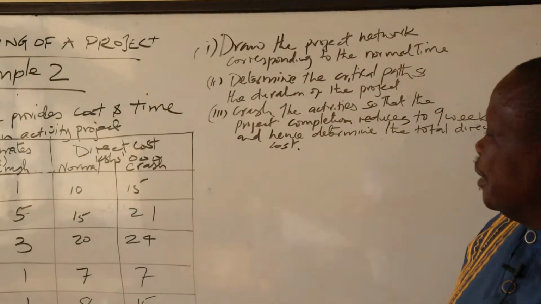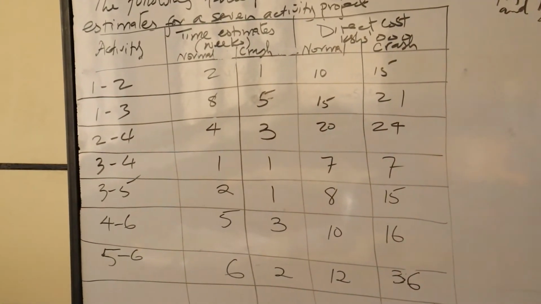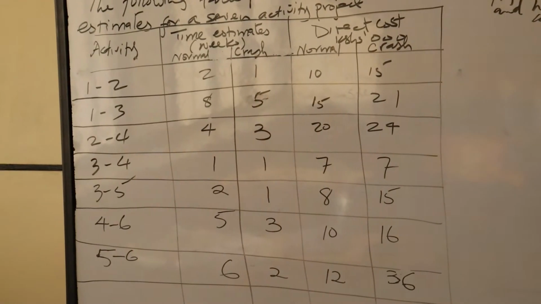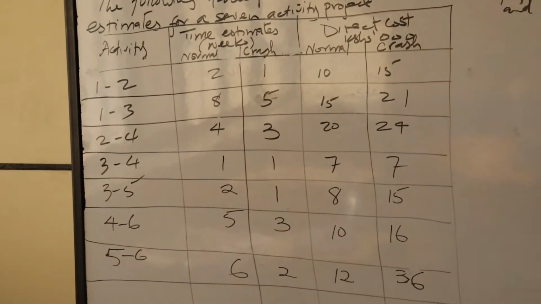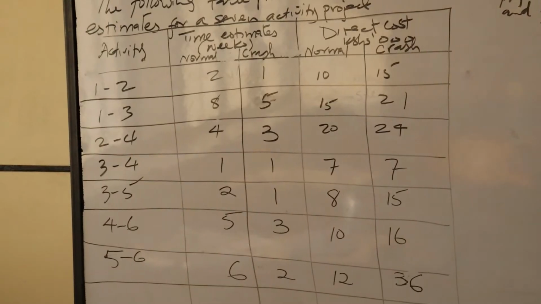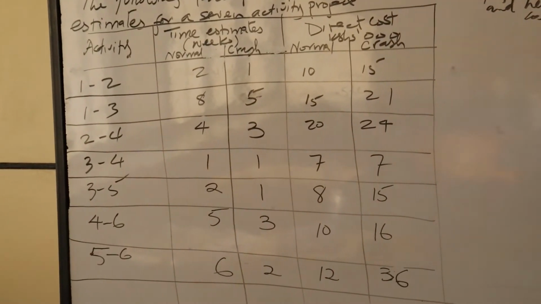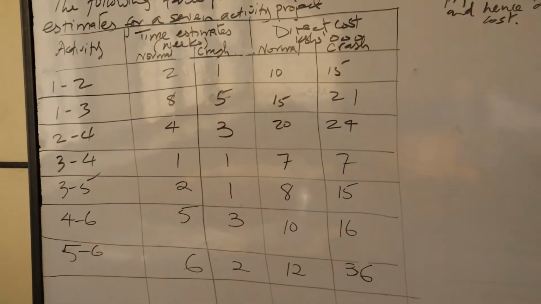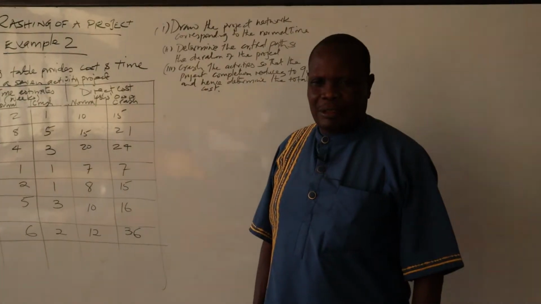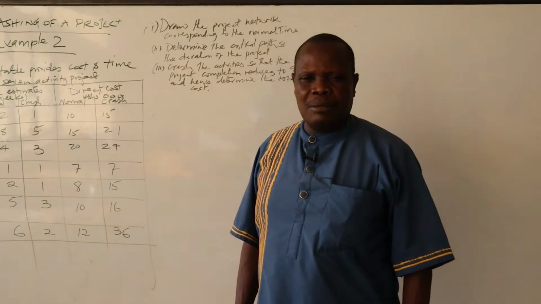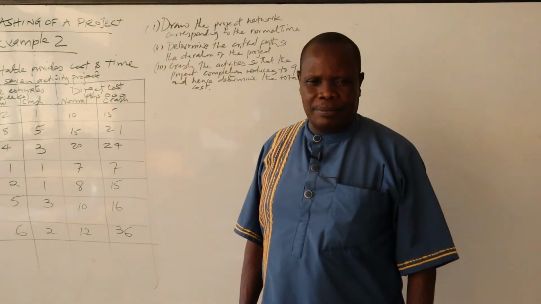This one I am going to summarize from the beginning of network analysis, by drawing the network, determining the critical path, and eventually crashing the project to its minimum duration of 9 weeks. So I will start by constructing the network diagram.